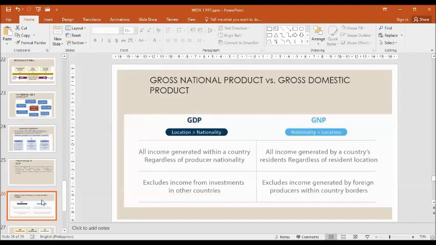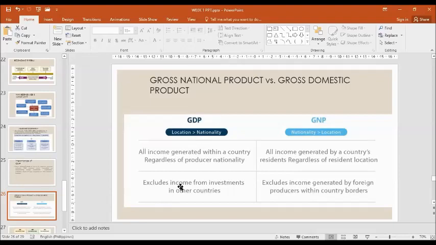Here, from location to nationality. Under GDP, take note, all income is generated within a country, regardless of the producer's nationality. All production within the country is counted under gross domestic product.